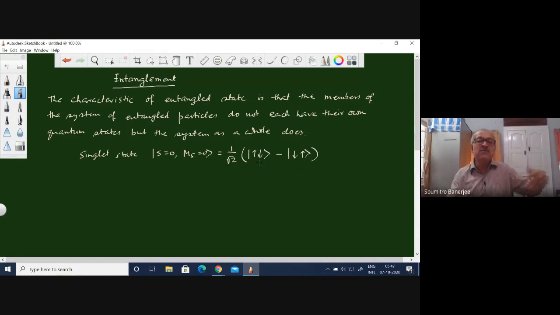If you observe the one on the left hand side, at some distance, say 500 kilometers, and you find that it is directed up, that means it has a spin in the z direction plus h cross by 2. Then the other one immediately collapses to a state which is minus h cross by 2, which means that effectively the whole thing has collapsed only to this particular part. First one up, second one down.